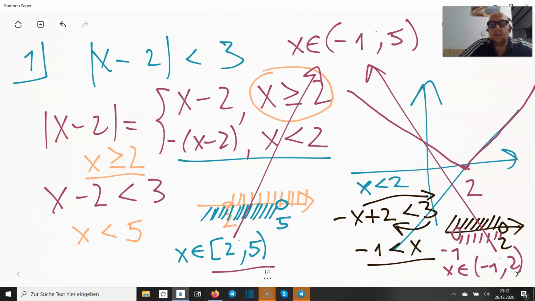We can check. If we have 0, 0 minus 2 is minus 2, and this is really less than 3. Is 4 okay? Well, 4 minus 2 is 2, and this is still less than 3. So we're fine. We're great. Okay, that's pretty easy going.